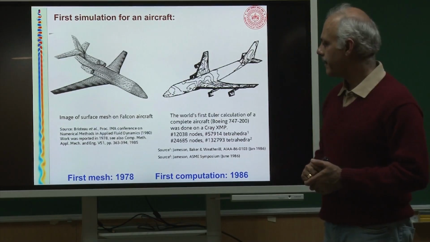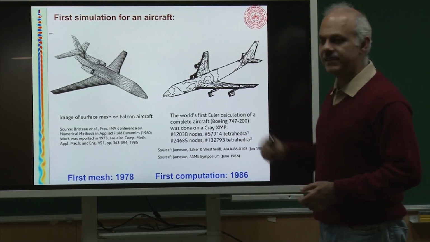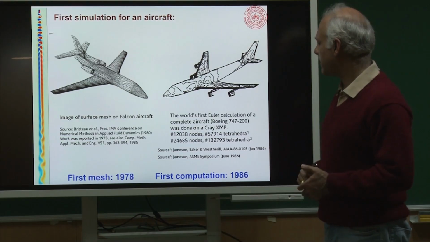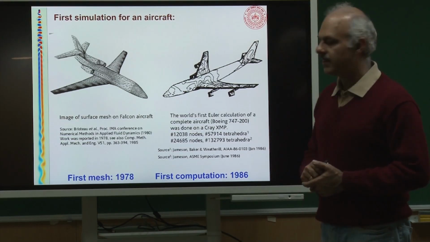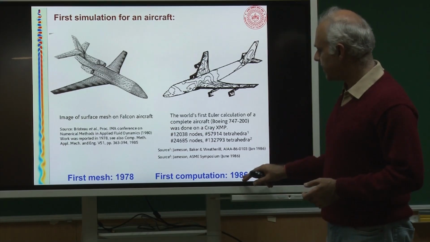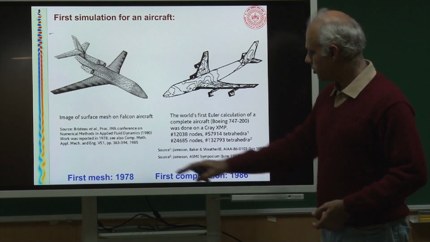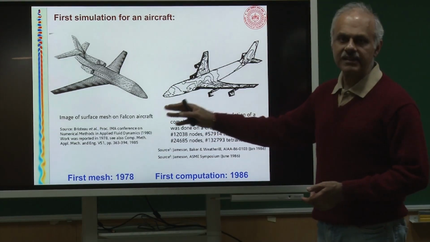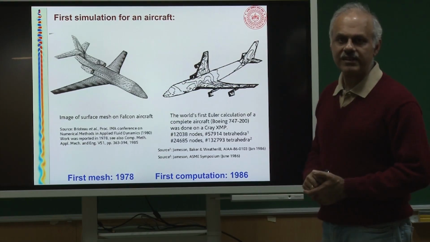But the world's first calculation on a complete aircraft, of course a different one, this is a 747, the 200 version, was reported in 1986. So you can see the amount of time between just the generation of the mesh and actually doing the calculation.